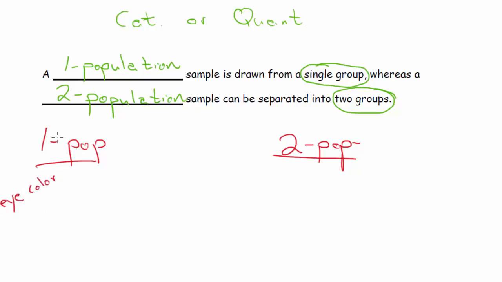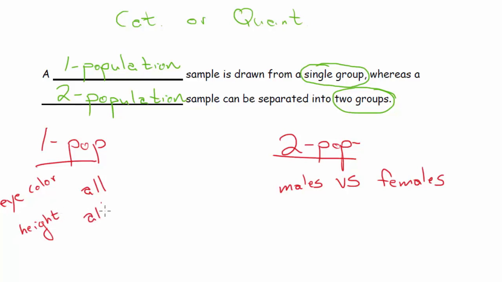If this was one population, I look at eye color for everyone, but if this is two populations, I might look at eye color for males versus females. Similarly, we could have univariate data. Let's say I look at height. I could have one group where I look at it for all, but perhaps I have height for sophomores versus freshmen.